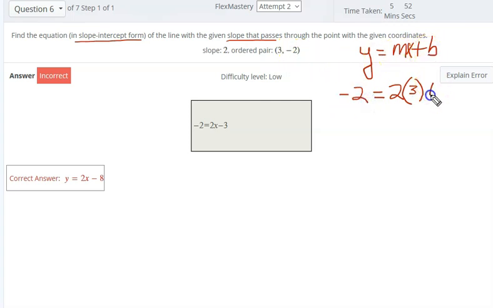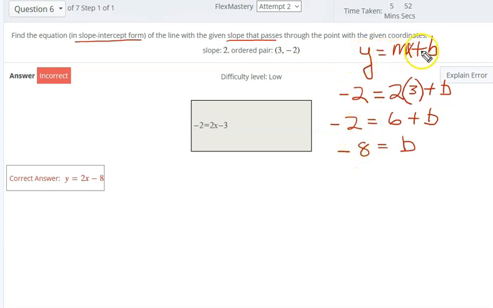What we don't know is what b is. So this is a case where we're going to solve for the letter b. So this is negative 2 equals 6 plus b. We didn't have to multiply through to get rid of any fraction. We transpose the 6 to this side. On this side it becomes a negative 6, so this becomes a negative 8 equals b. So we now have found what our b is.